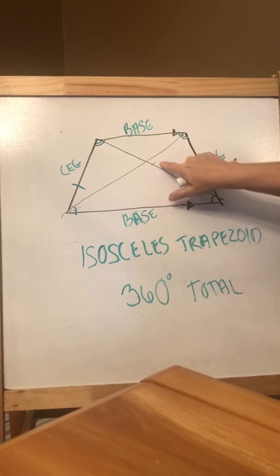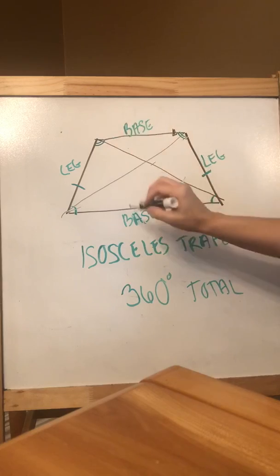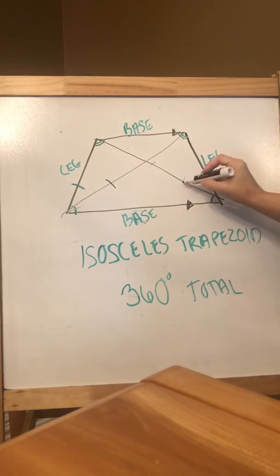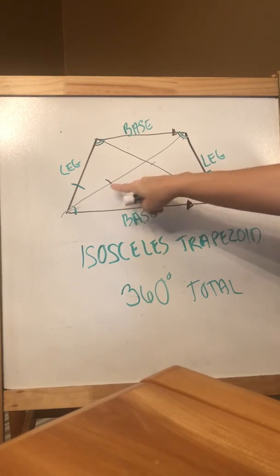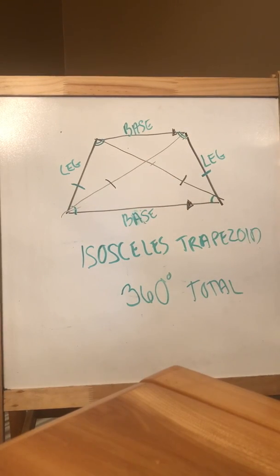So this whole diagonal is congruent to this whole diagonal. So if you're given a figure and it has nothing marked on it except the diagonals marked congruent, then you know that it's an isosceles trapezoid. So automatically you can mark your base angles congruent. So, all right, let's move on.